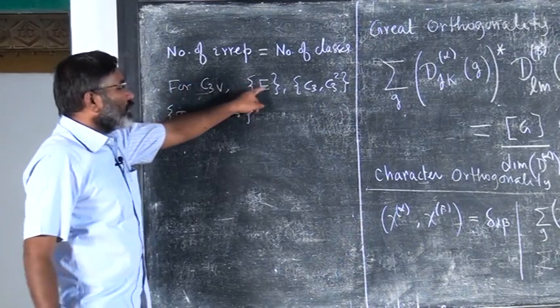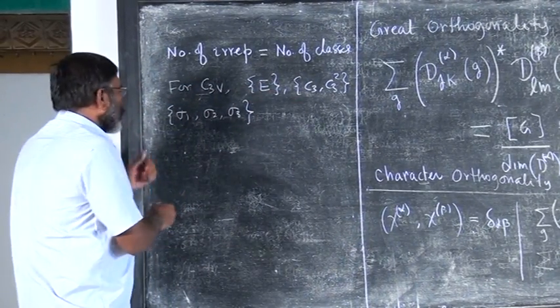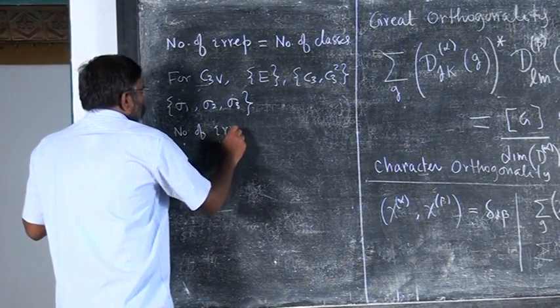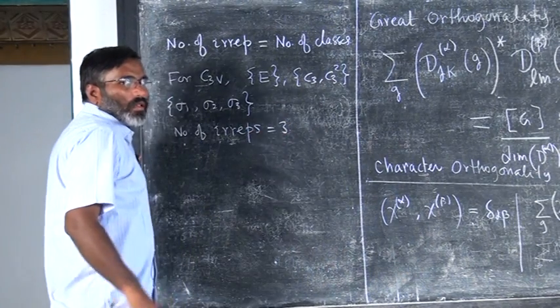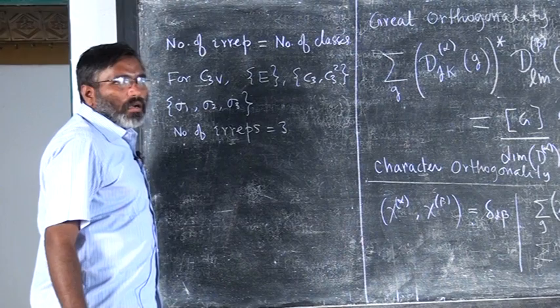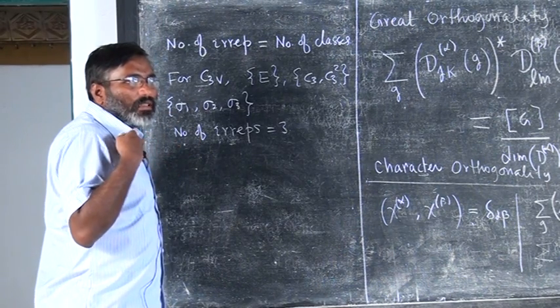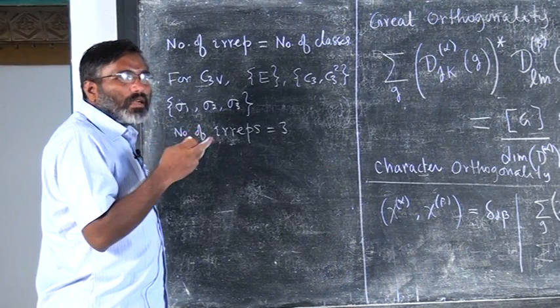So for C3V we have 3 classes. So the number of irreducible representations for this group is equal to 3. Now, what are their dimensions? That is our next question. We have 3 irreducible representations, but what are their dimensions?